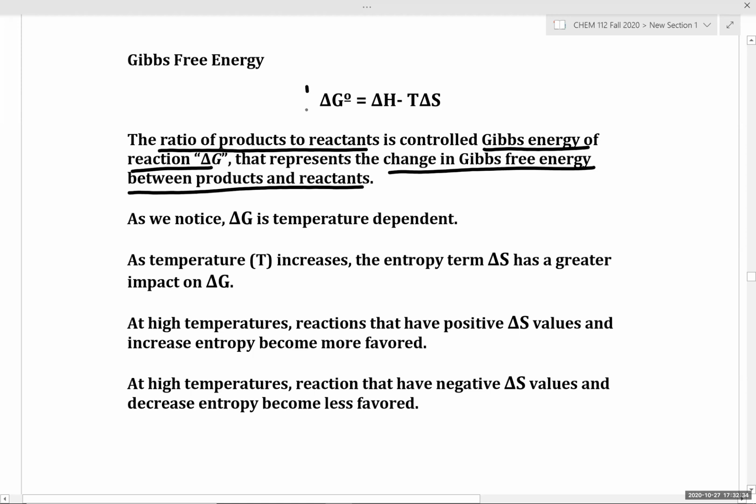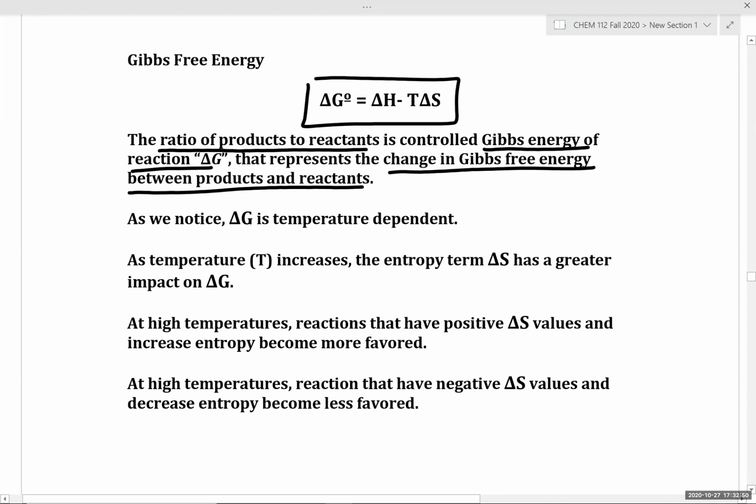So we can model the Gibbs free energy of a reaction using the following equation, where delta H is our reaction enthalpy and delta S is our reaction entropy.